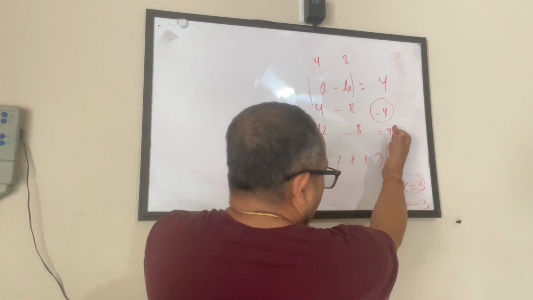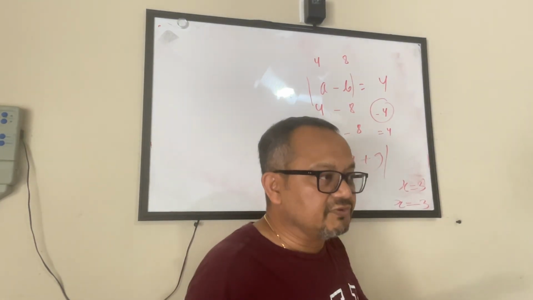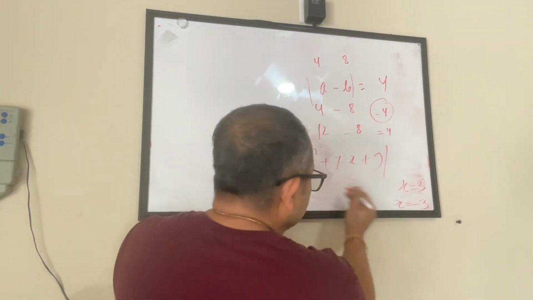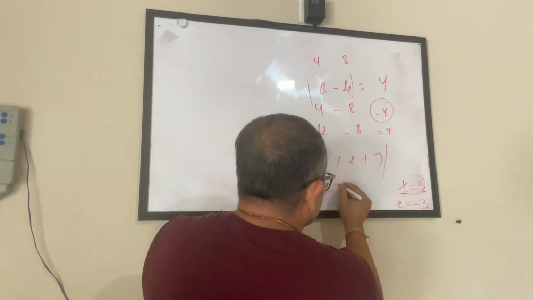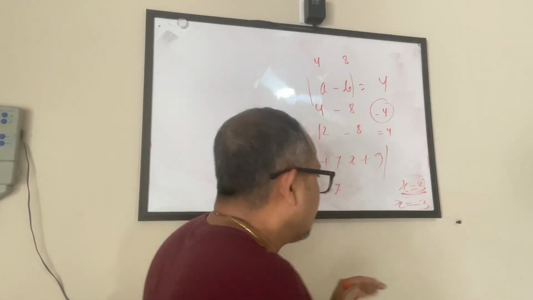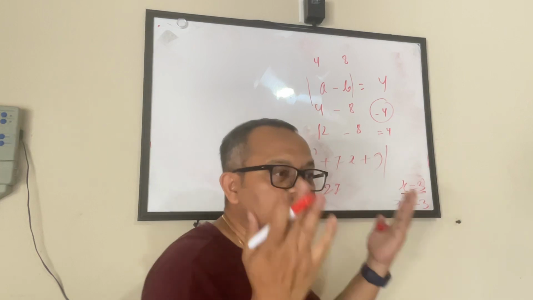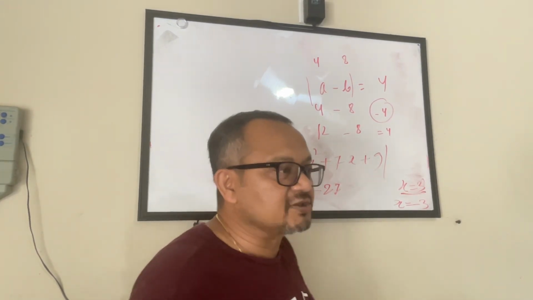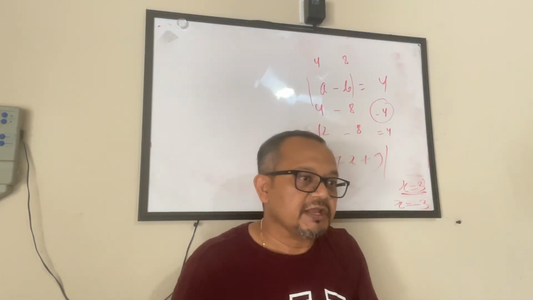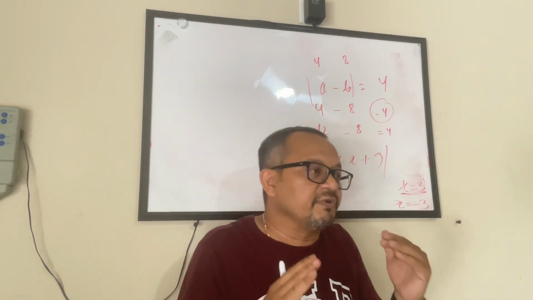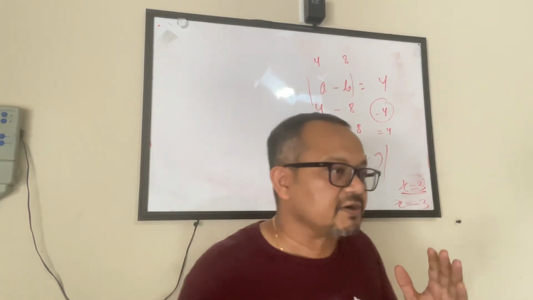If you have a mod, it gives you the final whatever value comes. When you put this, let's say if it comes 27, it will show you 27. If it comes minus 27, then also it will show you 27. So that's why it's called absolute value. It only tells you the absolute value without worrying about the sign of it.